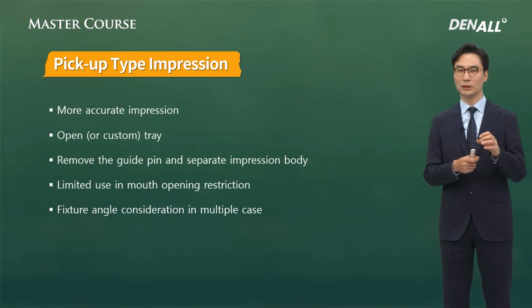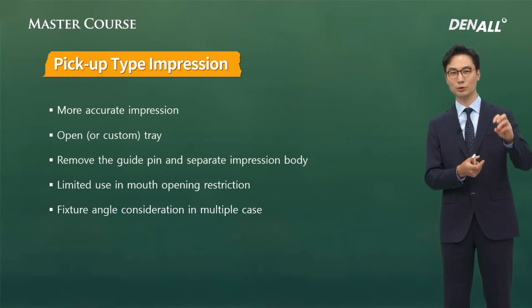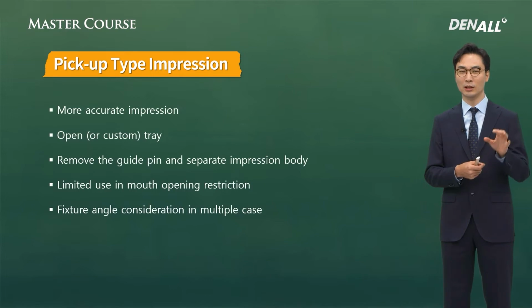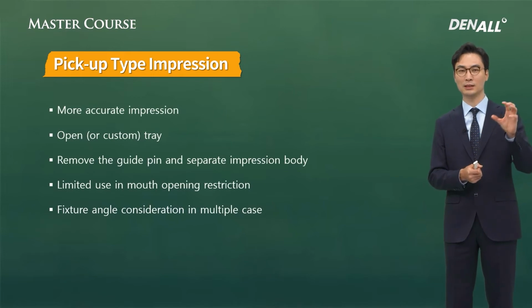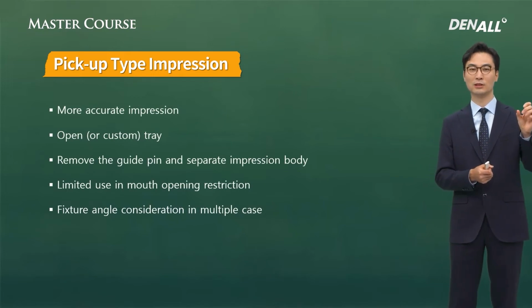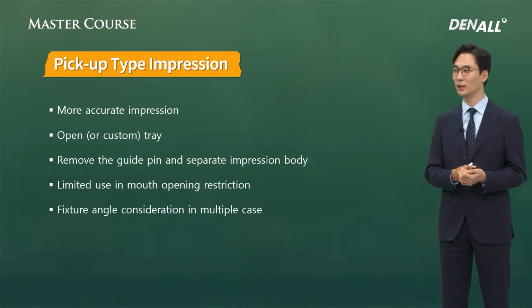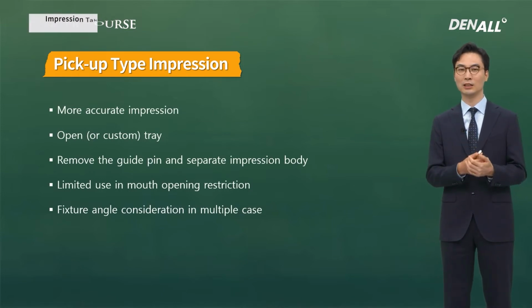Because it requires unscrewing, in the case of most posterior teeth, if the patient has limited mouth opening, there can be some difficulties. There needs to be a screwdriver on top of the coping. Therefore, in the case of patients with limited mouth opening, there can be restriction.